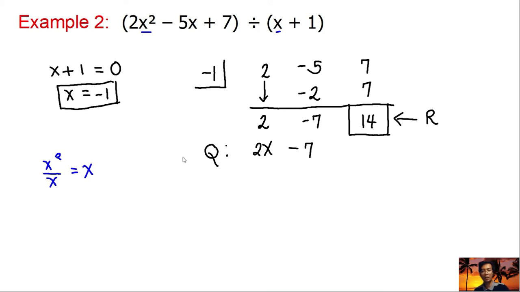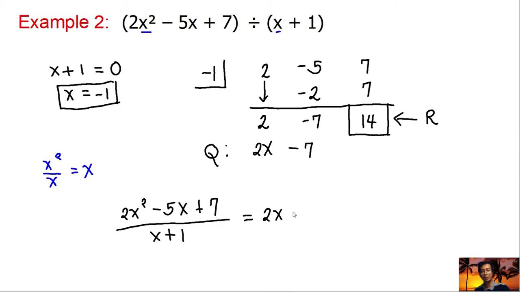Our remainder is 14. Since na-solve na po natin siya, we are going to rewrite this in the form dividend over divisor equals quotient plus remainder over divisor. So our dividend is 2x squared minus 5x plus 7 all over our divisor x plus 1 is equal to our quotient 2x minus 7 plus our remainder 14 all over our divisor x plus 1.